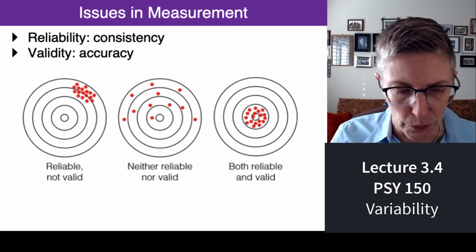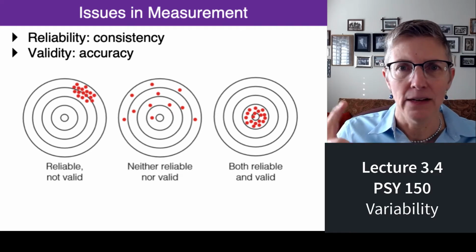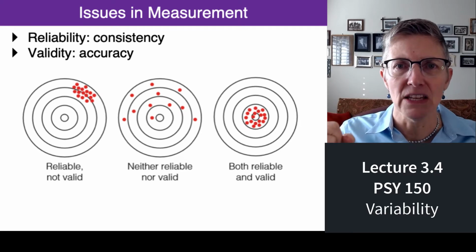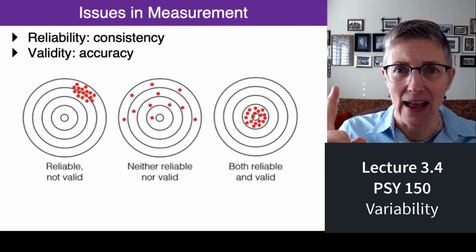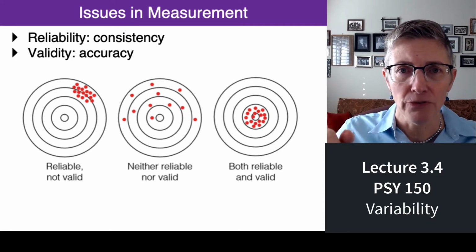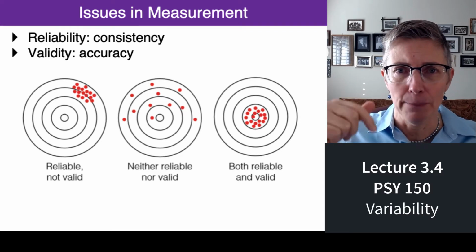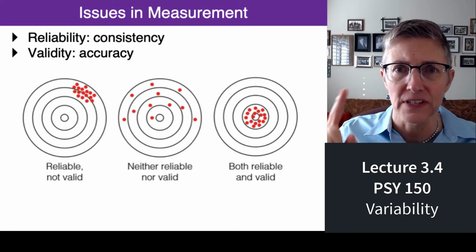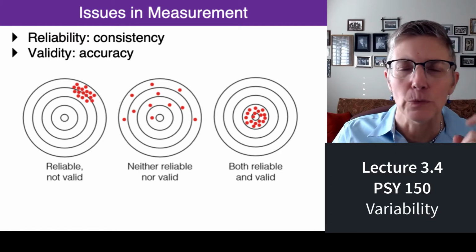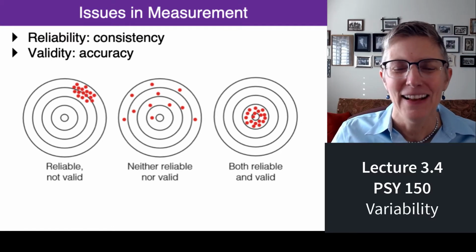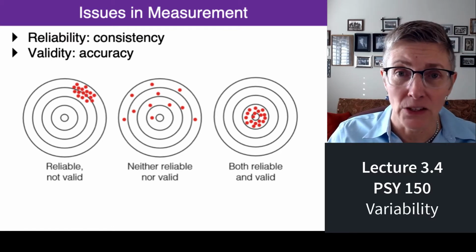So, for example, if I had a 12-inch long measuring stick, and I used that to measure how far it is from where I am here in Los Angeles all the way up to San Francisco, I would not have the right tool for the job. My measure would not be accurate, and it would be highly variable.